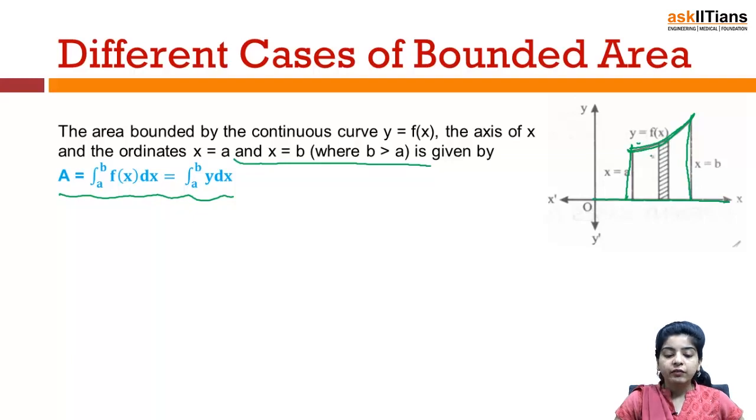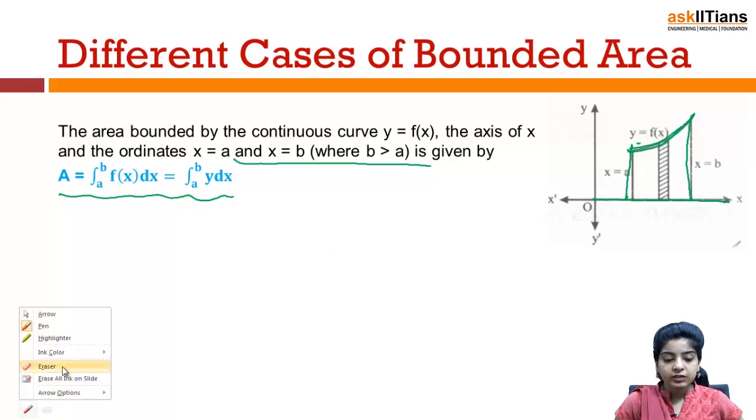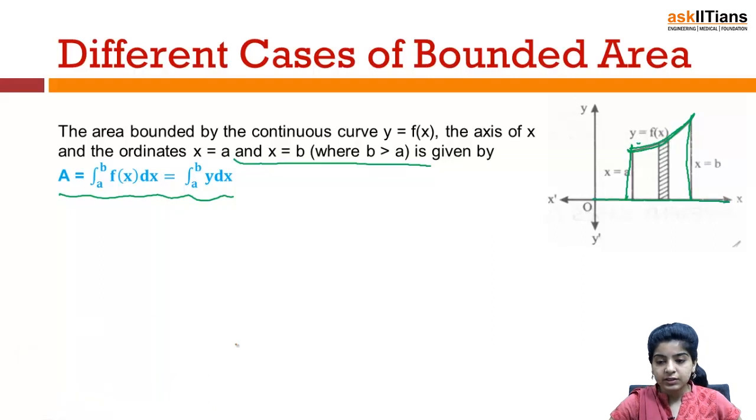So the area that we are required to find out is basically this entire area. We take a strip to denote that this is the area that we are required to find out.